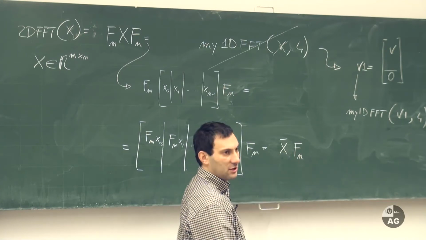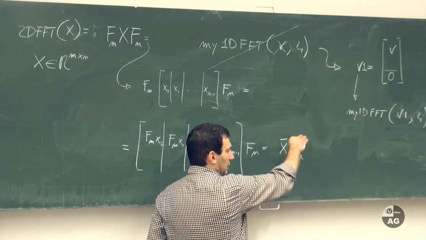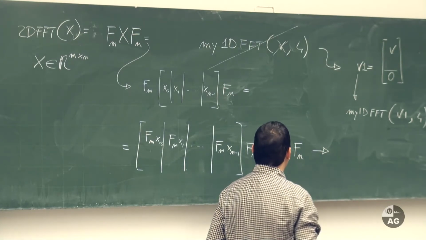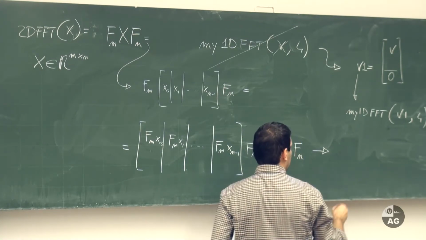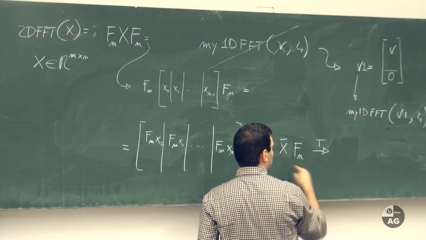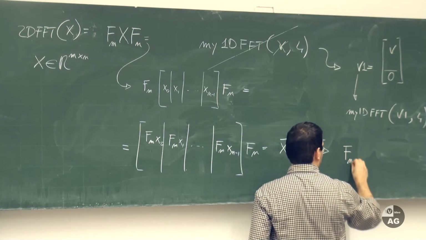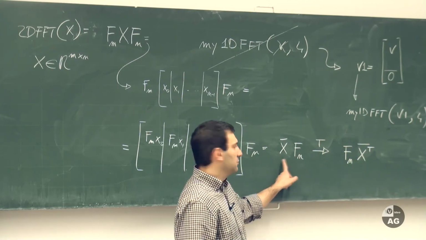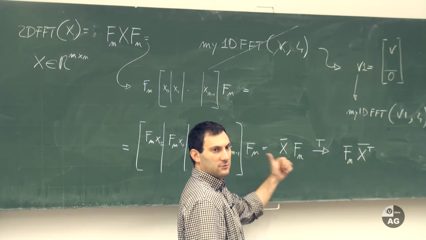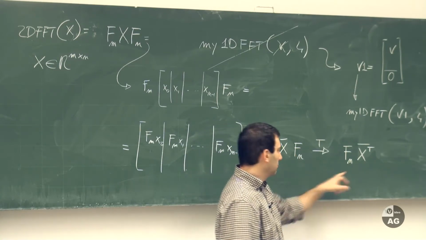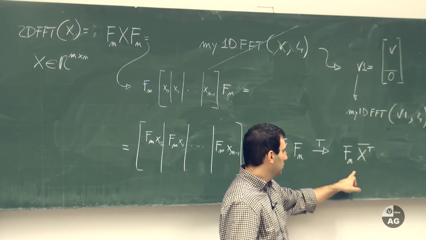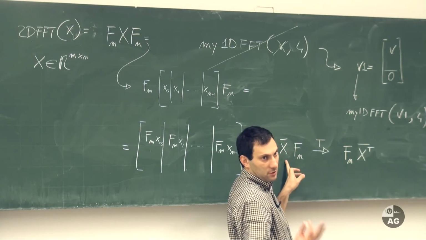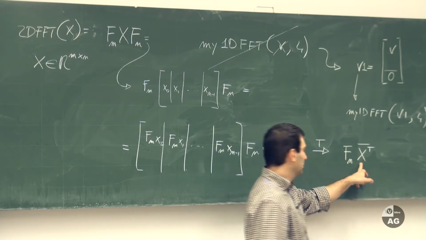At this stage I could either decompose horizontally, or for high performance reasons, what you would actually do is transpose this object so that this Fn comes on the left. The transposition, it's a symmetric matrix, so you don't really have to transpose it. But X is not symmetric, it's probably not even square, so you do have to transpose it.